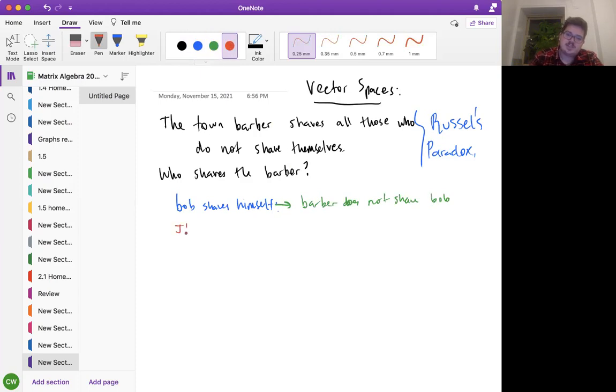Let's say John does not shave himself. Does the barber shave John? Yes, the barber shaves John. Okay, so the question is, who shaves the barber?